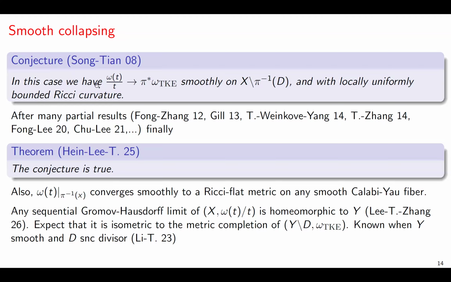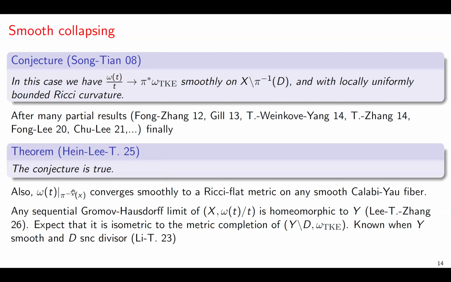So this was basically an analysis problem. You need to prove higher order derivative estimates for the solution of the flow. And there were many partial results by many people, some of them by myself and collaborators. And finally, last year with Hein and Lee, we proved this conjecture in general. This was a really long and hard analysis paper. So the upshot is that you have the best possible convergence away from the singular fibers.